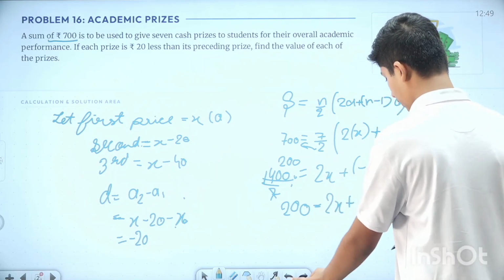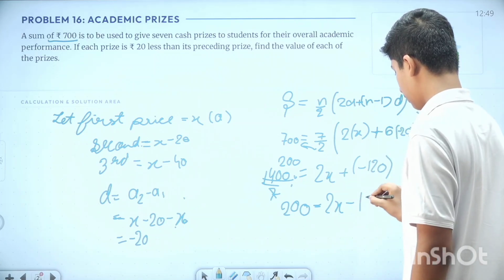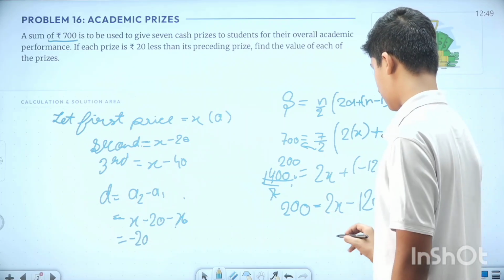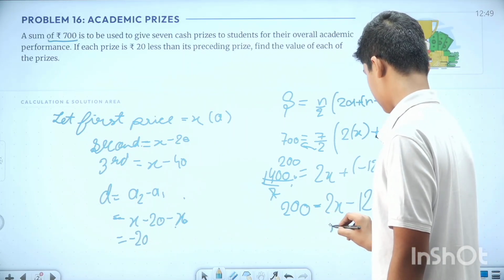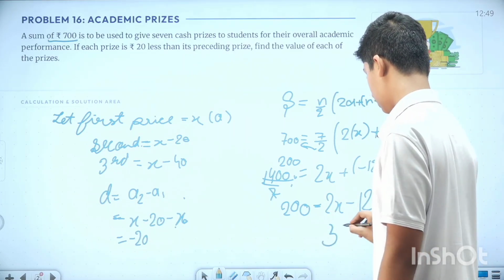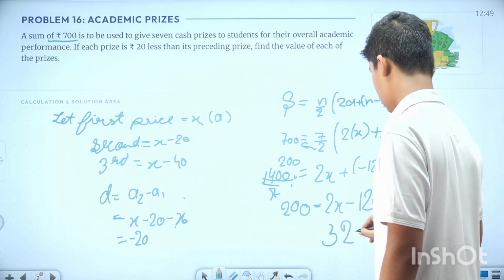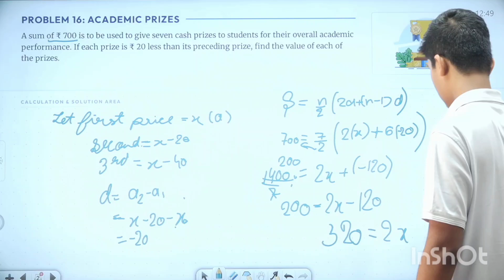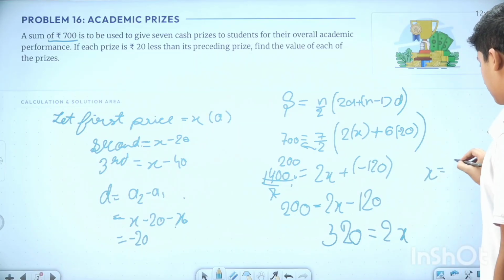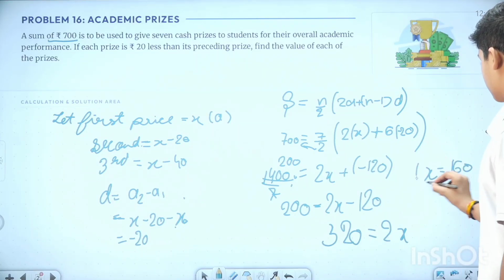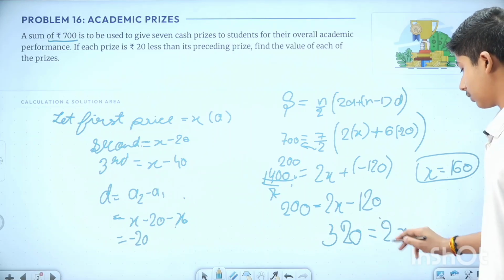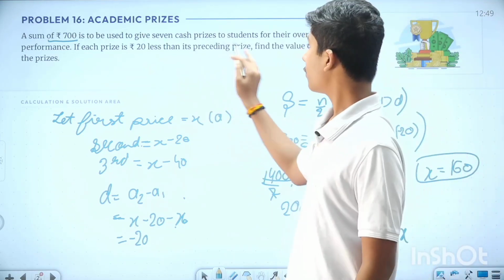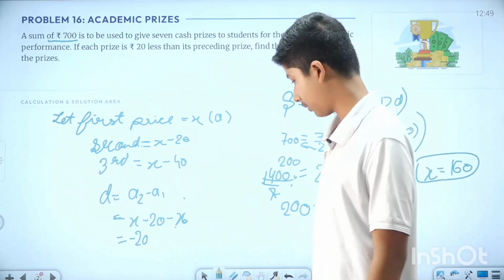So this will be minus 120. And when this will go that side, it will become 320 equal to 2X. So X will be 160, because this will get cancelled.